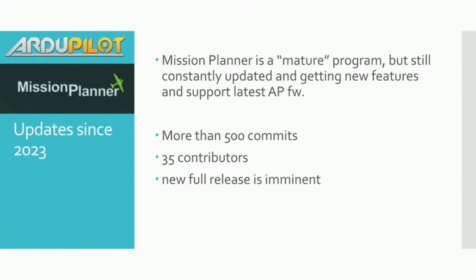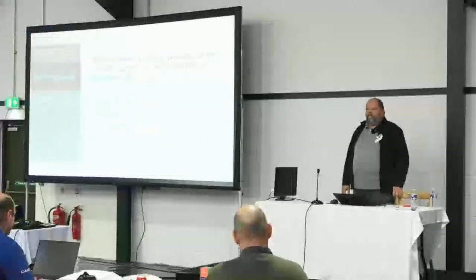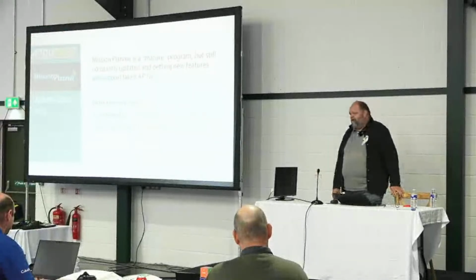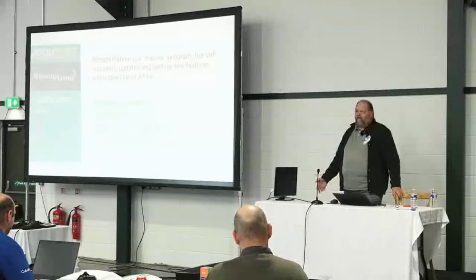There are major releases every year, half year, 2 years, it depends, but the new features are always included in the so-called beta releases. So if you want to check out the new features, or if you simply want the support for the latest Autopilot, you always have to update to the latest beta version, which is actually the most recent version.